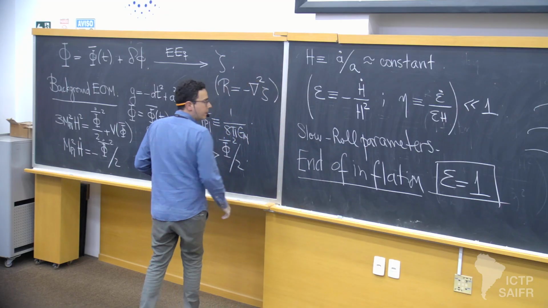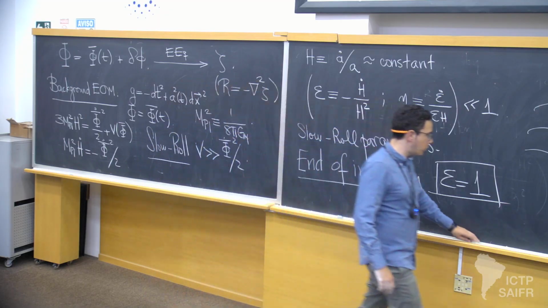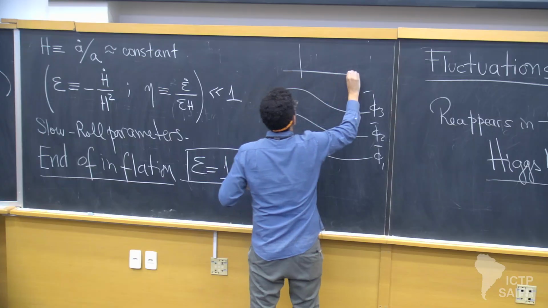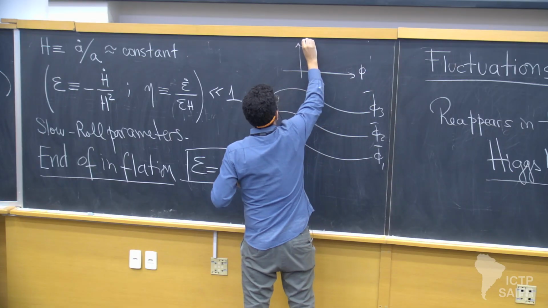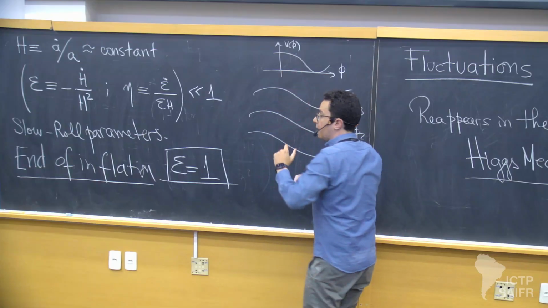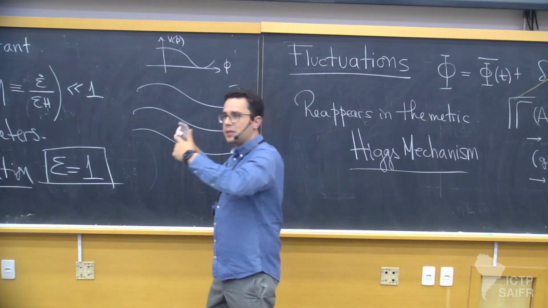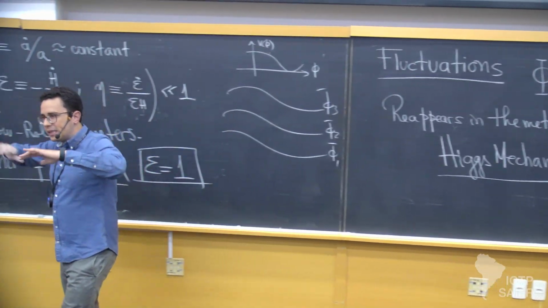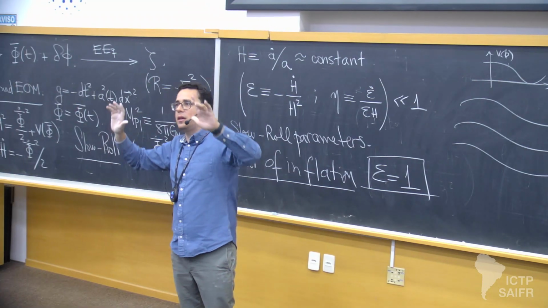So here, as the scalar field rolls down the potential V of phi, the effective Hubble rate will change over time. So every mode that's getting stretched feels a slightly different Hubble rate.